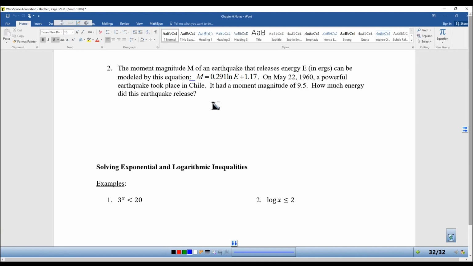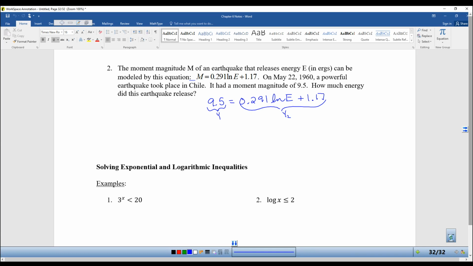So this 9.5 is going to go over here, is equal to 0.291 natural log of E plus 1.17. So again, you can do this as y1 and y2 on your calculator and come up with what you think is a reasonable window to see that, or you can just start doing it algebraically.